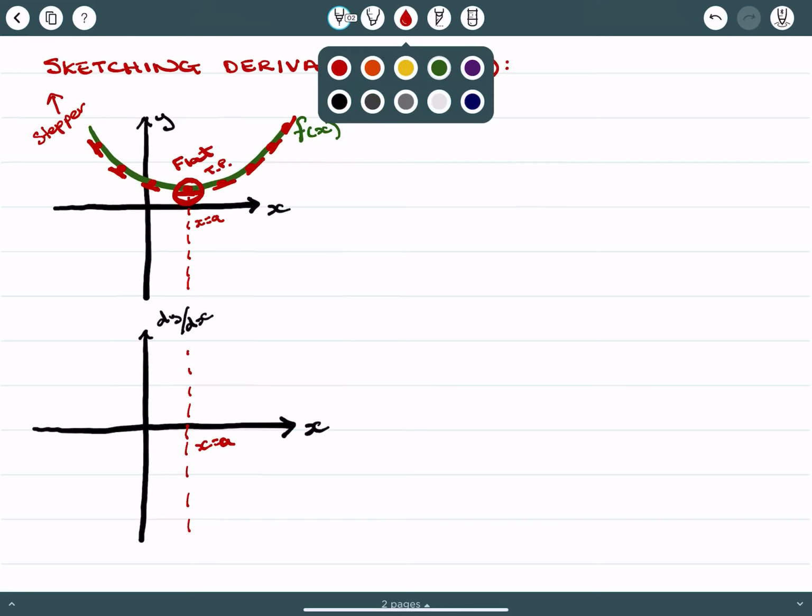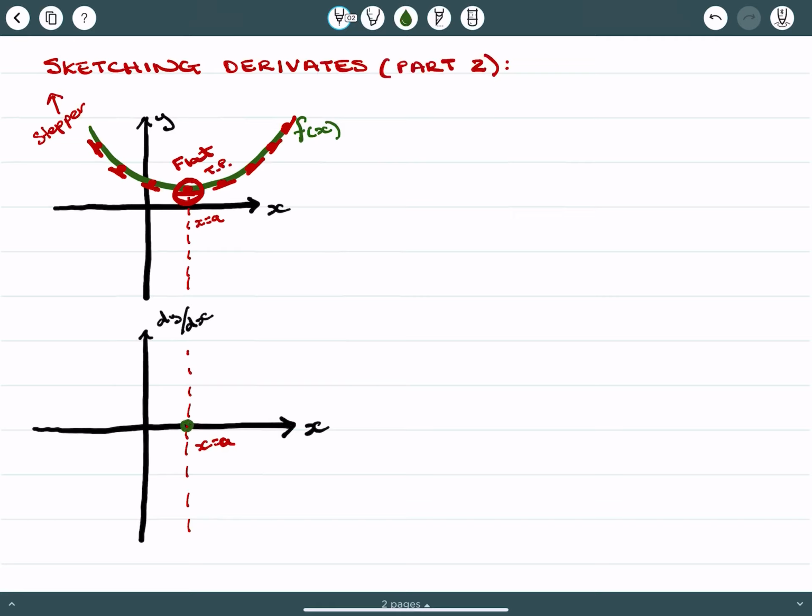And then what we're going to do is say that our turning point, okay, at this x equals a point is flat. It means it's 0. Therefore, on the graph dy/dx, that is 0, and that means that it's an x-intercept. Now, we also know here that these are negative, and here they're positive. And they're getting steeper and steeper.